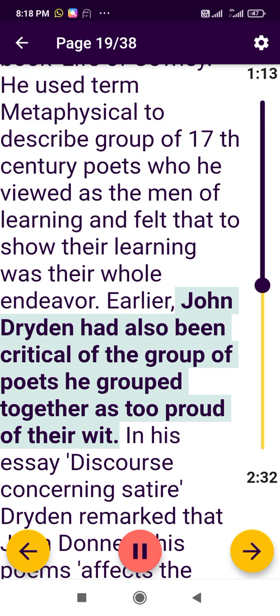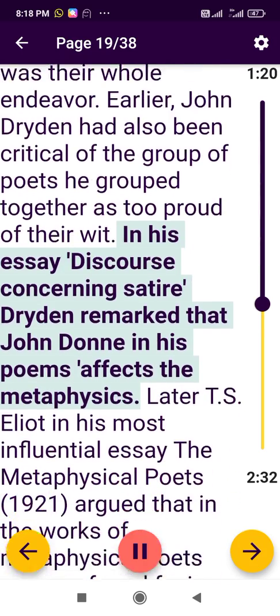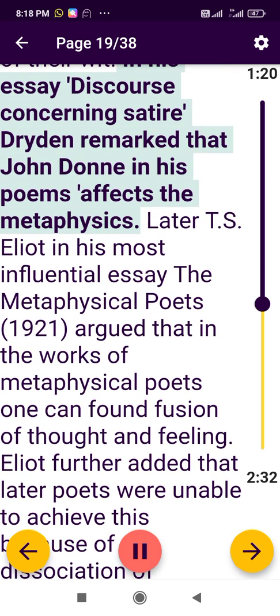Earlier, John Dryden had also been critical of the group of poets he grouped together as too proud of their wit. In his essay, Discourse Concerning Satire, Dryden remarked that John Donne in his poems affects the metaphysics.